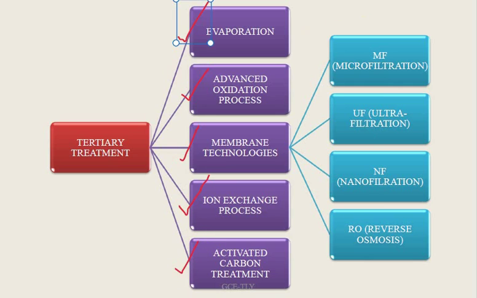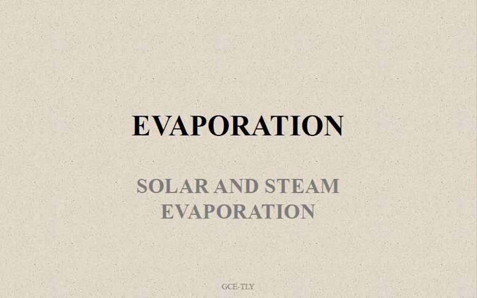Membrane technology includes four further methods: microfiltration, ultrafiltration, nanofiltration and reverse osmosis. All these methods are part of tertiary treatment. We can adopt any one, or use them in combination of one or two to treat our wastewater. In this video we'll see evaporation, both solar evaporation and steam evaporation.